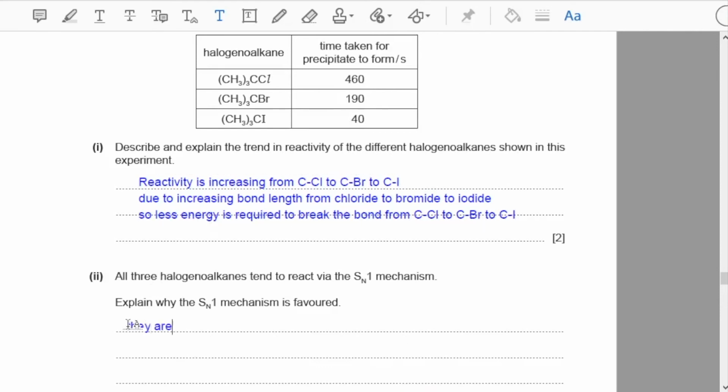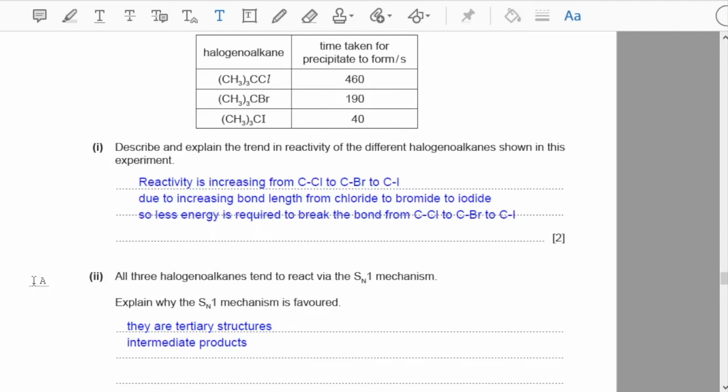they are tertiary structures, and this can be the only possible reasoning for this kind of question. Their intermediate products. Intermediate products are those products which are formed at the second step of the process. It means they are not the final products, but they are halfway to the final product.